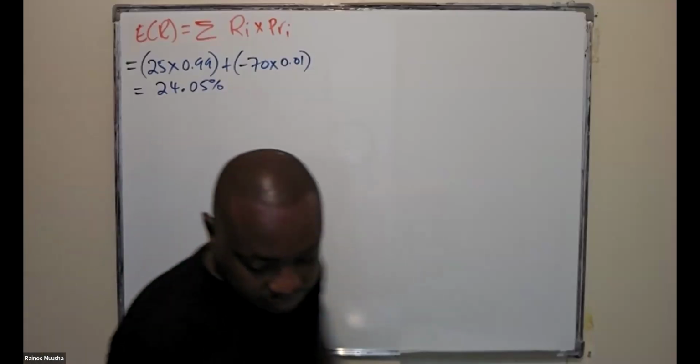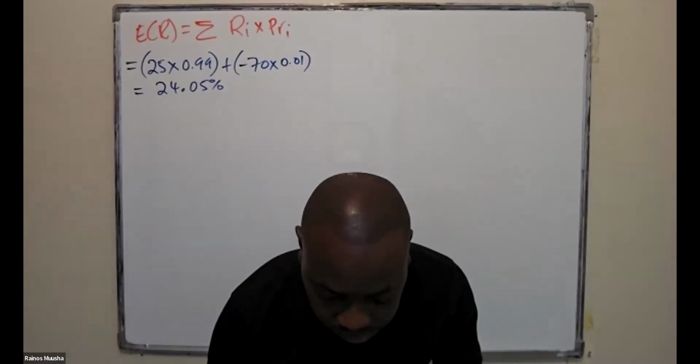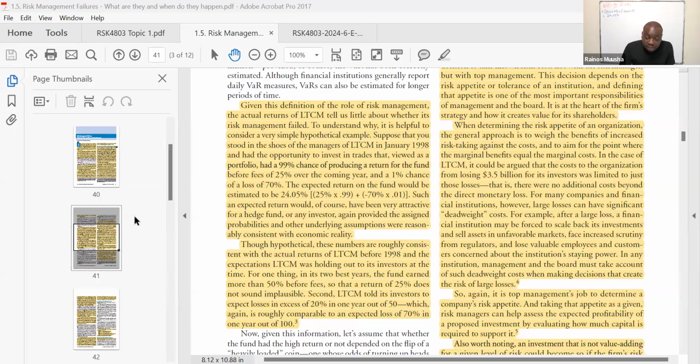So based on this, they say such an expected return would, of course, have been very attractive for a hedge fund or any investor, again, provided that the assigned probabilities and other underlying assumptions were reasonably consistent with the economic reality.